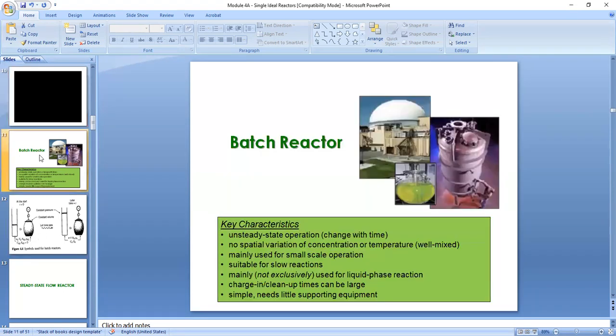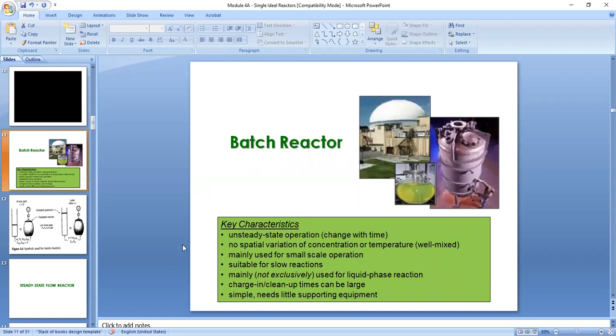Now, what are the things that we need to know about the batch reactor in terms of its key characteristics? The operation here is unsteady state. It changes with time. There is no spatial variation of concentration or temperature. As I have mentioned, at any point inside your batch reactor, your system has the same concentration. It's well mixed and has the same temperature.